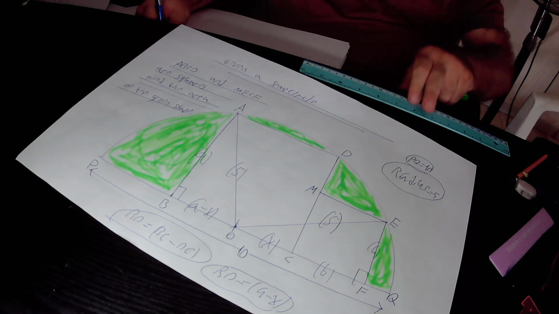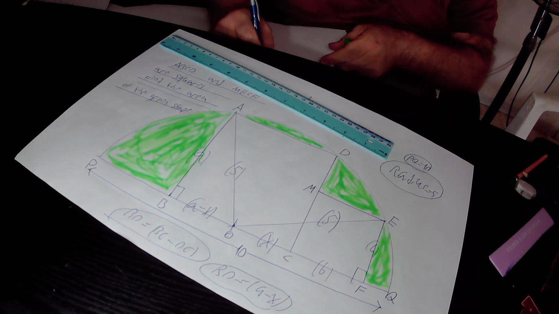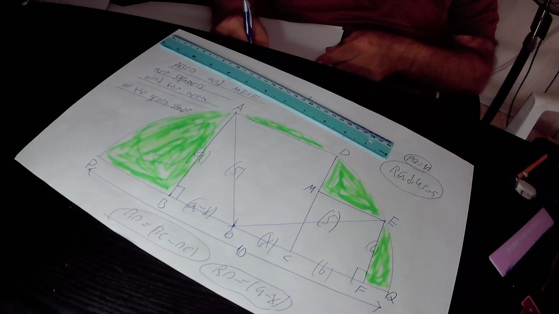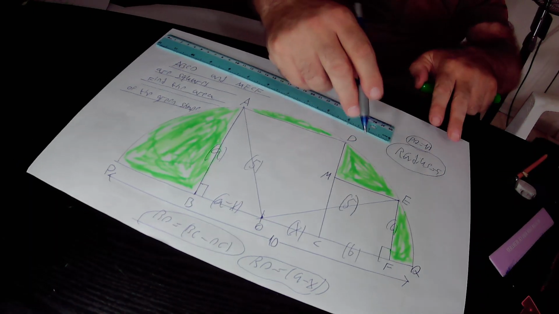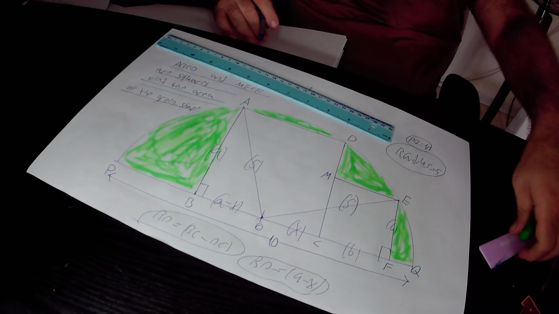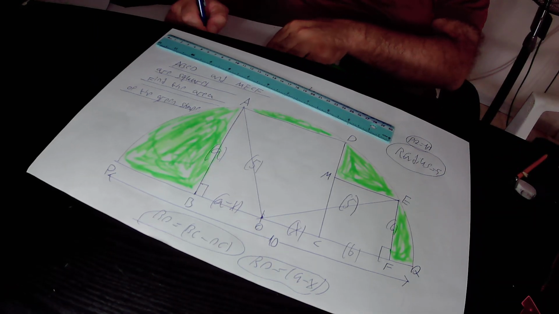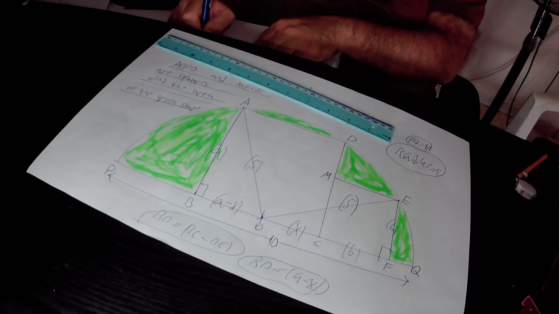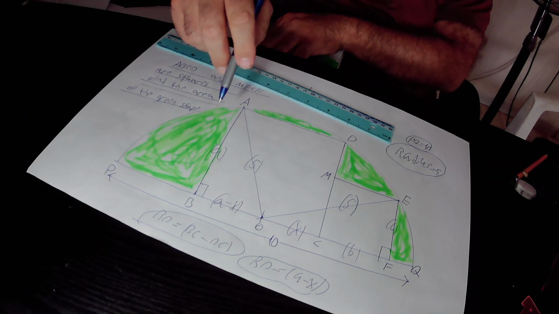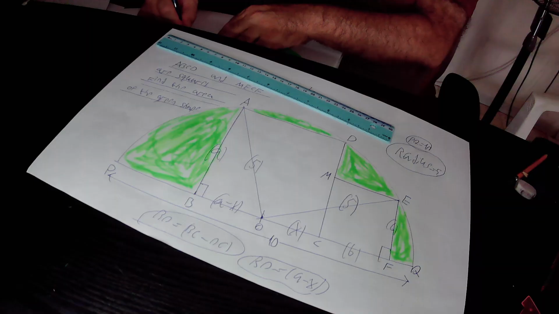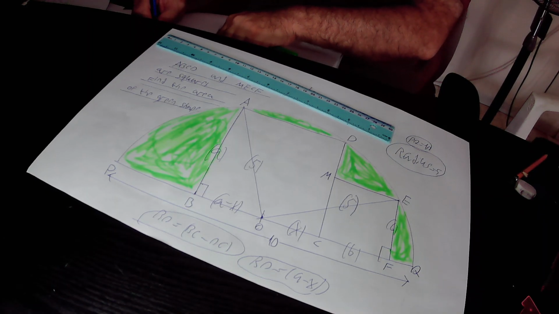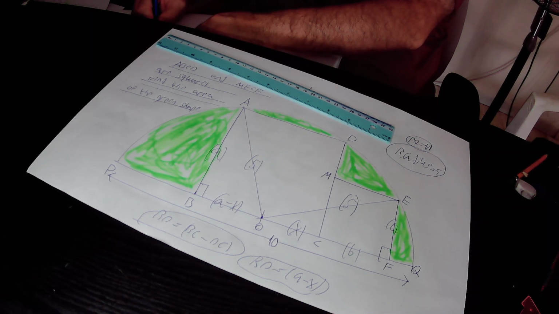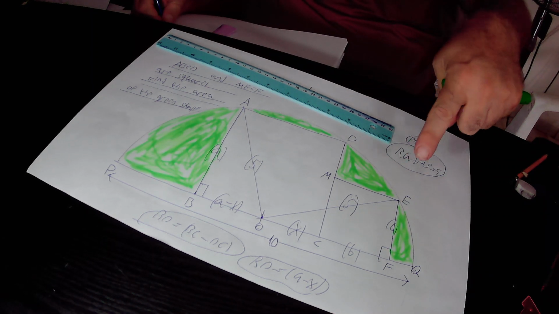From the drawing, it is very easy to see that the area of the green shape in total is equal to the area of the big semicircle, minus the area of the big square ABCD, minus the area of the small square MEFC.